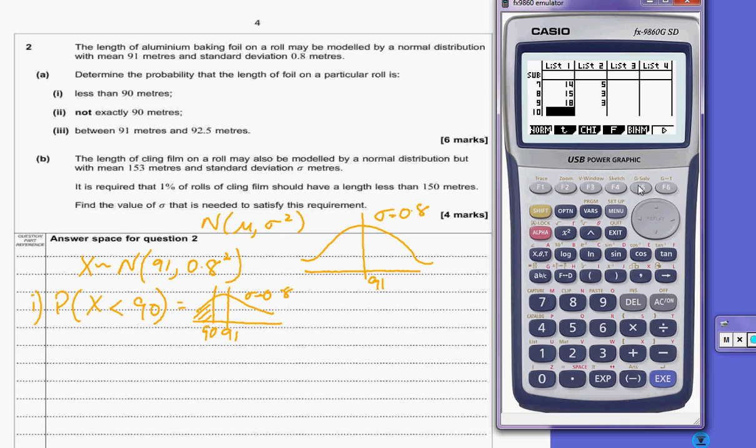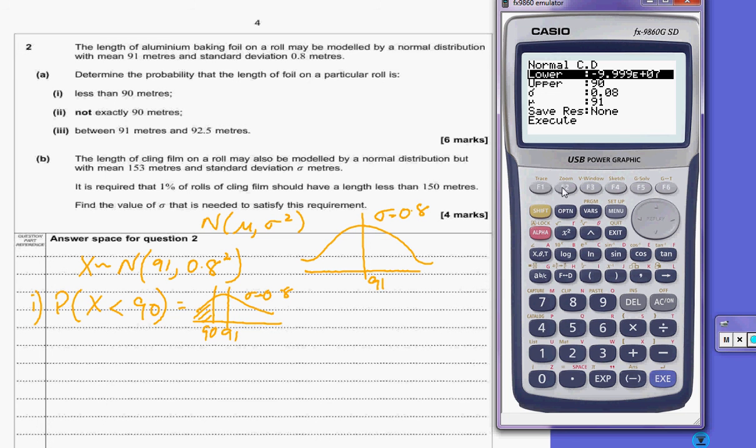This is a normal distribution, so we press distribution. It's normal, and we're going to do cumulative. Because I know this goes right down to a very small value, I put in an extremely small lower value of minus 9999999. Then the upper value is 90, so that's all the area I'm looking for. Go down and put in a standard deviation of 0.8, and a mean of 91.